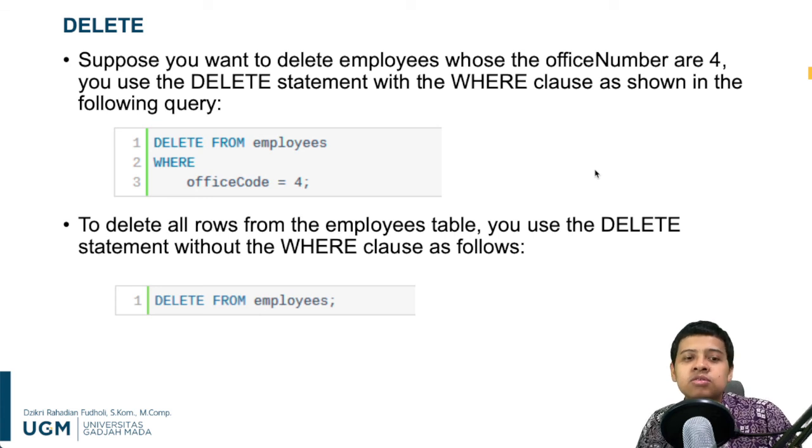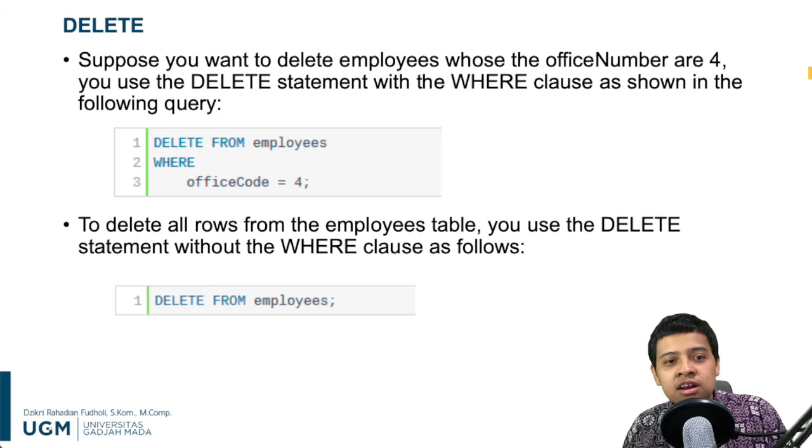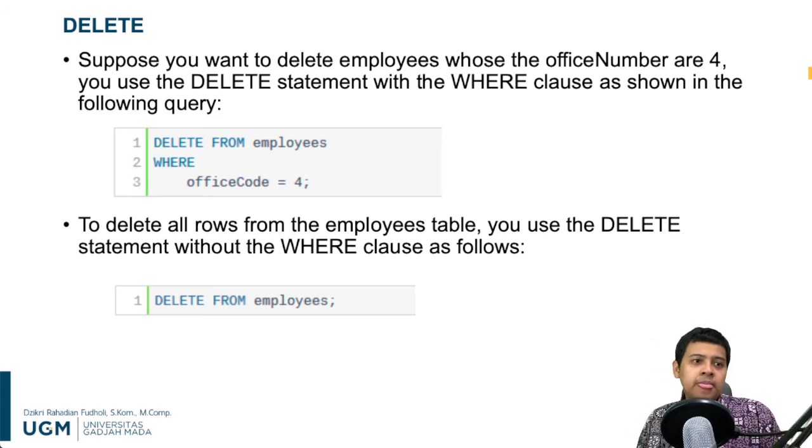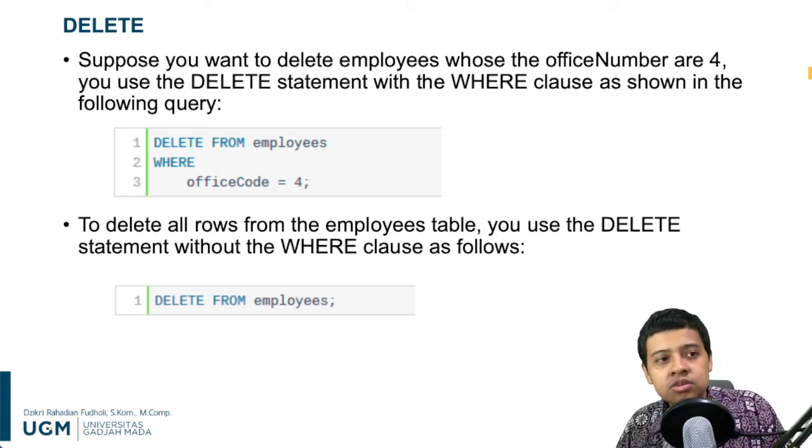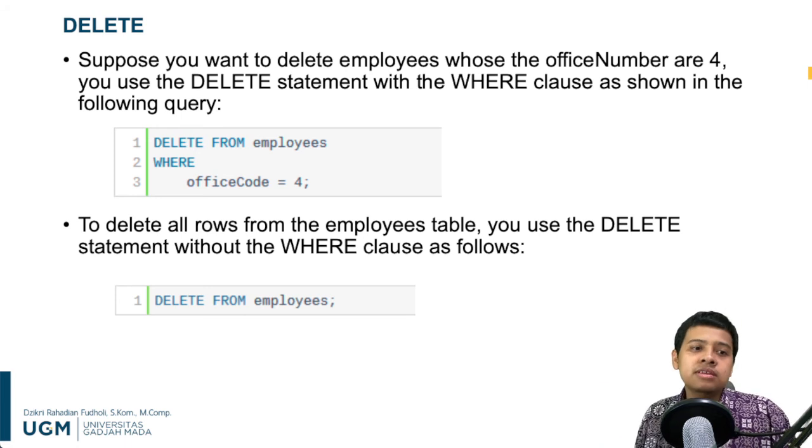For example, if you want to delete all of the employees because office number 4 is closed. Then if we just want to delete all of the rows from the employee data, we can just use delete from table, and that's it, without the where clause. It will delete all of the rows in the employees table.